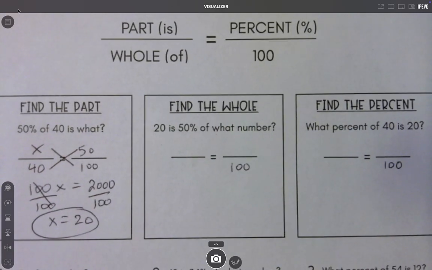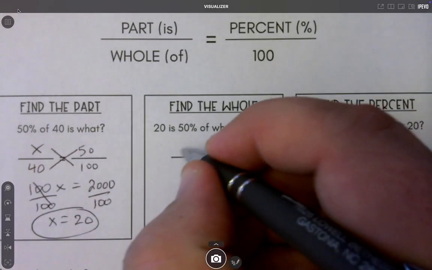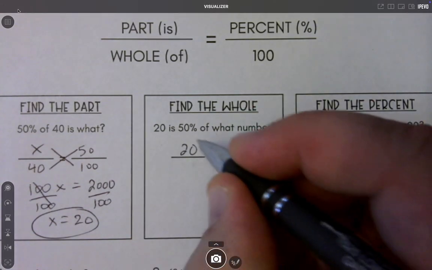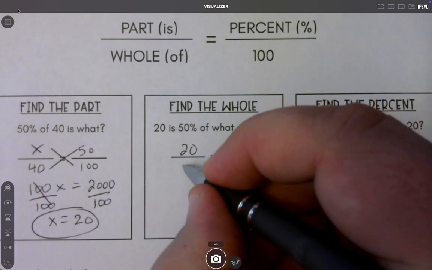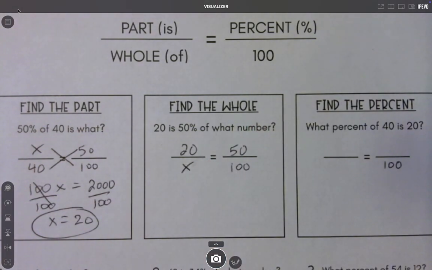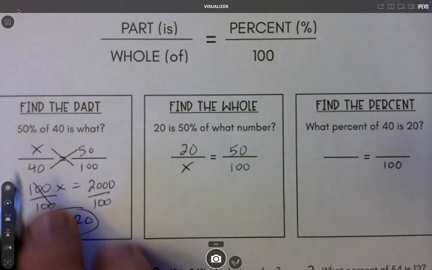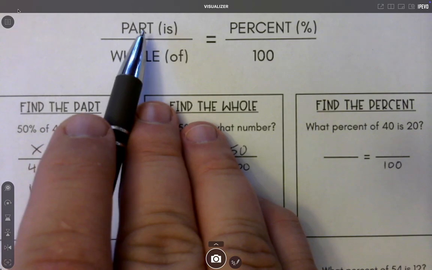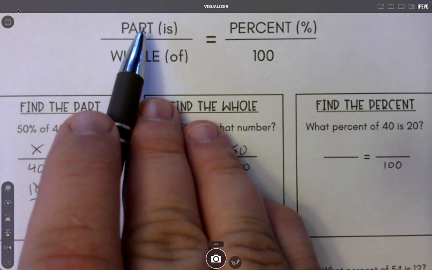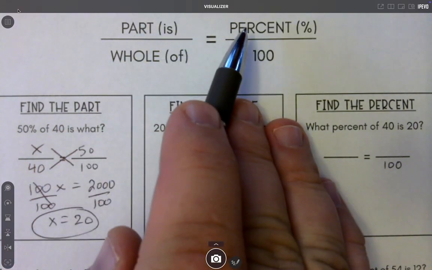So 20 is. So put the 20 on top. 50% of what number? We don't know the of. You may have noticed this is actually the same as the one we just did. This is just showing you how this method works whether you don't know the part, you don't know the whole, or you don't know the percent.